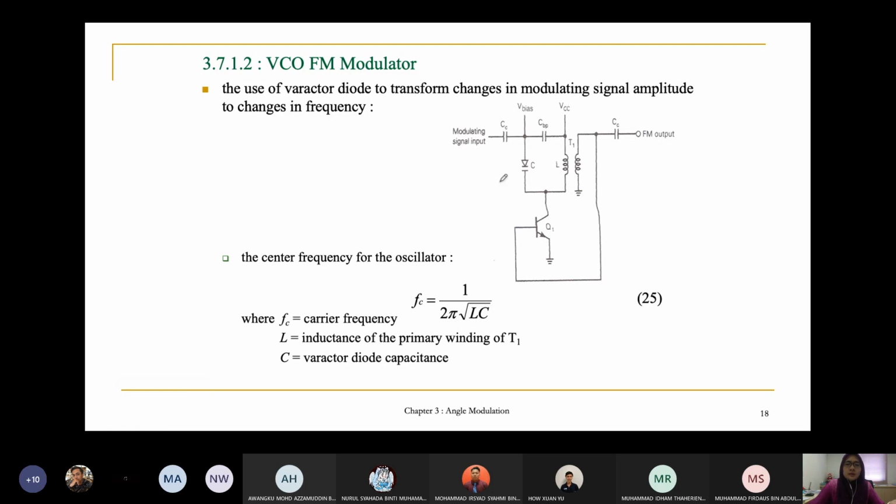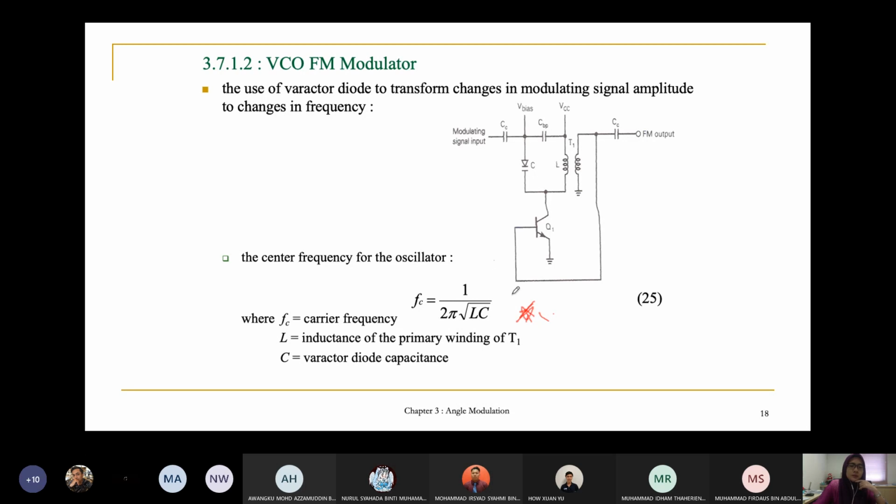If you look at this circuit, you can calculate Fc, the center frequency of the oscillator, which is 1/(2π√(LC)).